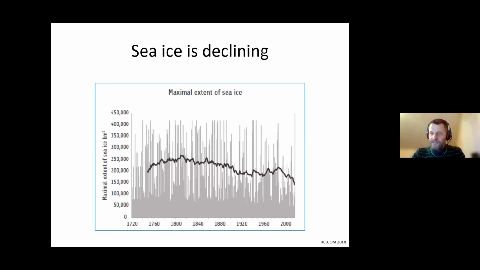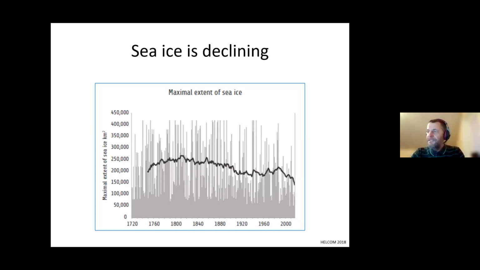Another important, and I think this is the last climate slide: sea ice is declining. The colder the winter, the more ice we have at sea, and the thicker the ice is.